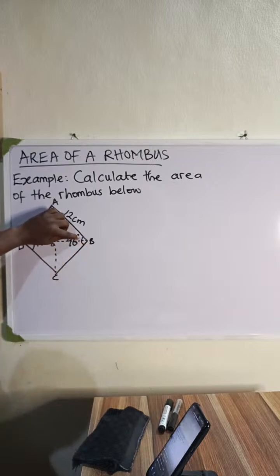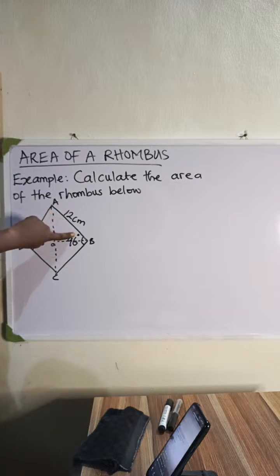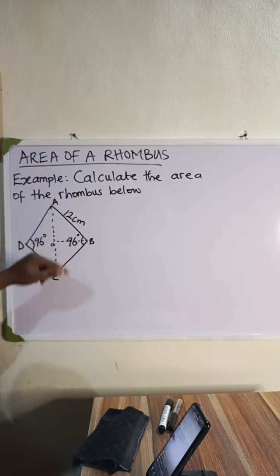What will be this angle? If this diagonal bisects 96 degrees, what will it be?